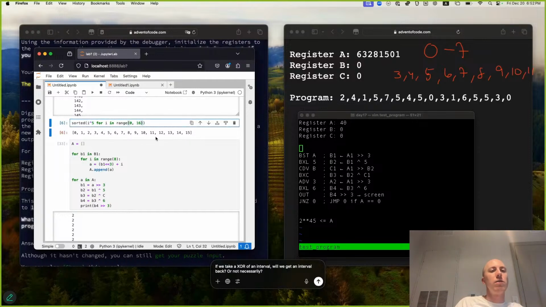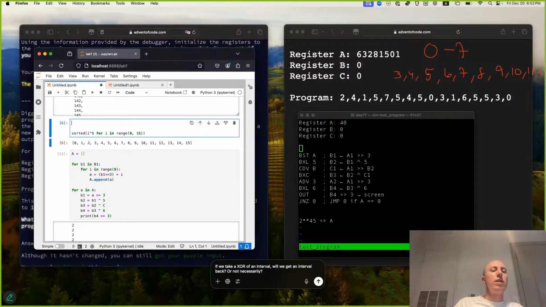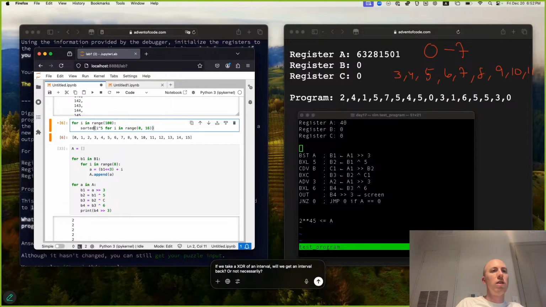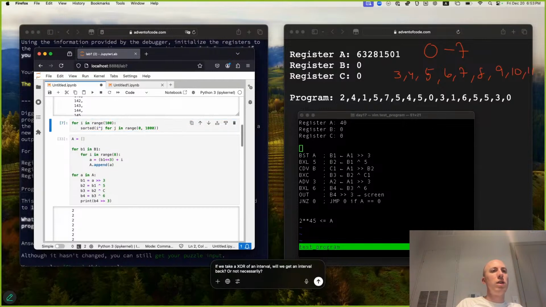Let's just check this for the first 100 numbers where we could XOR this. For I in range 100, for J in range 1000, I XOR J.